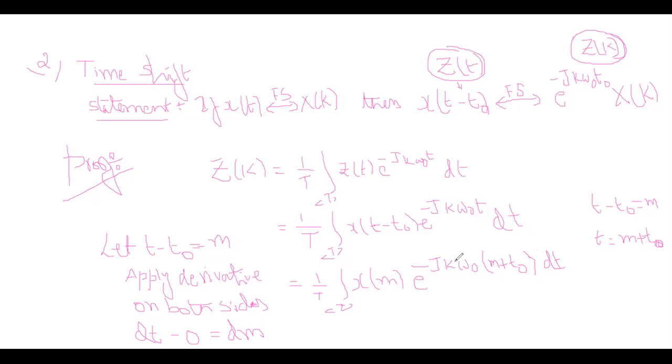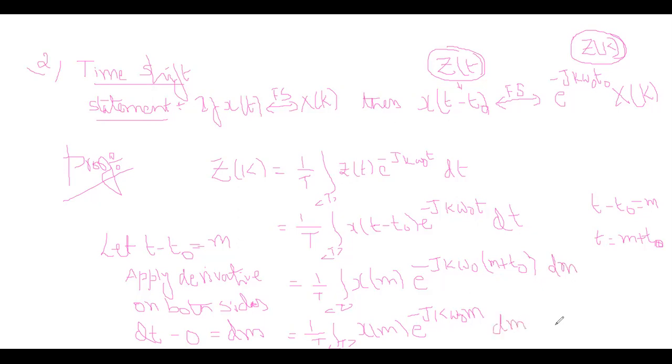Following, my dear students, now in the power there are two terms, so split into two parts. 1 by T, the integral over T, x of m, and e power minus jk omega naught m. Sorry, it is not dt, it is dm, because we are changing to the m variable, so taking dt as dm.